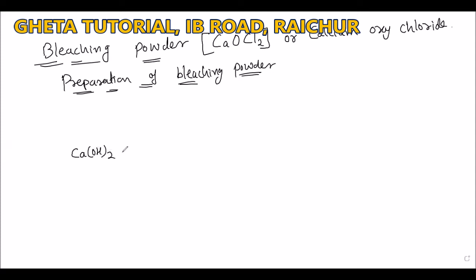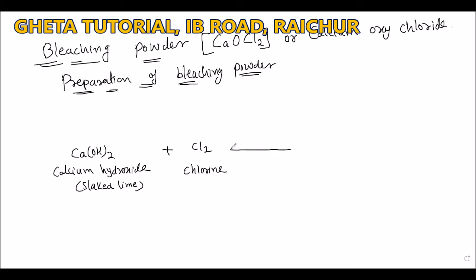Ca(OH)2, this is called slaked lime. That is calcium hydroxide. Dry slaked lime, when it reacts with chlorine, you will get bleaching powder, that is called CaOCl2, calcium oxychloride.